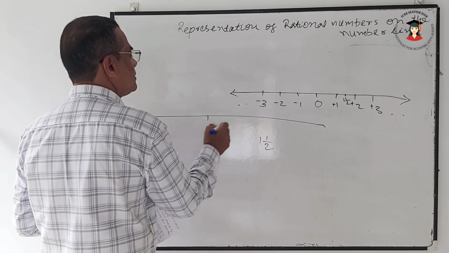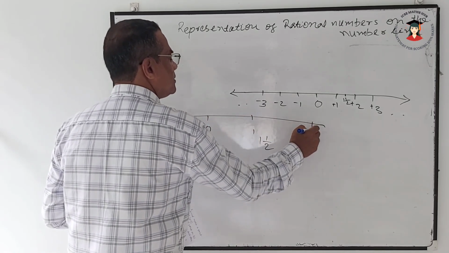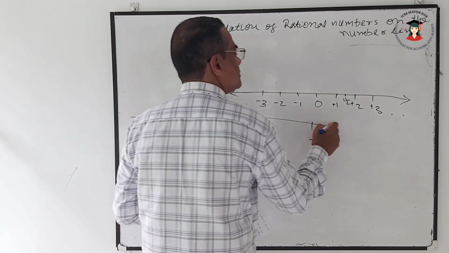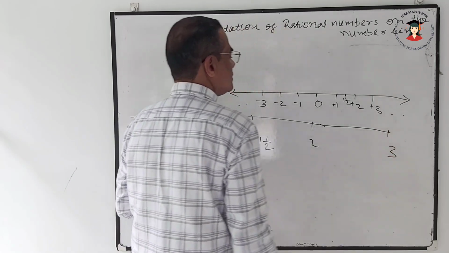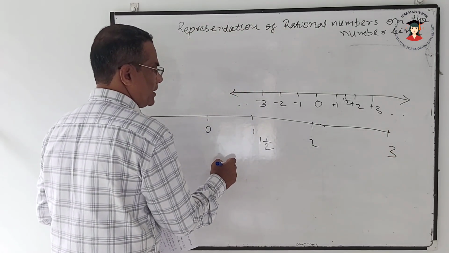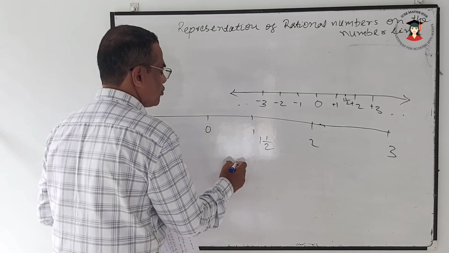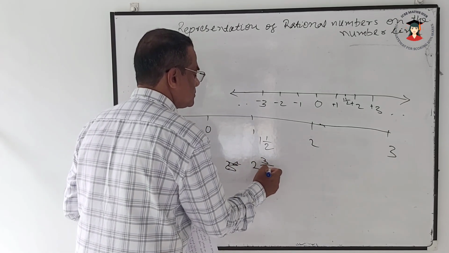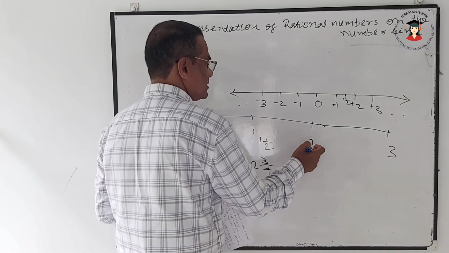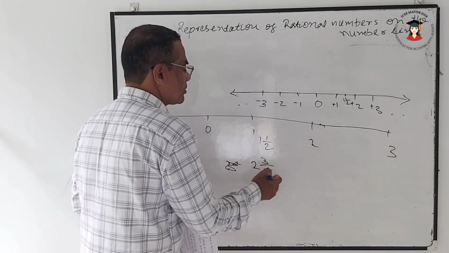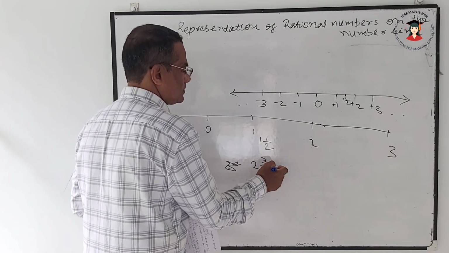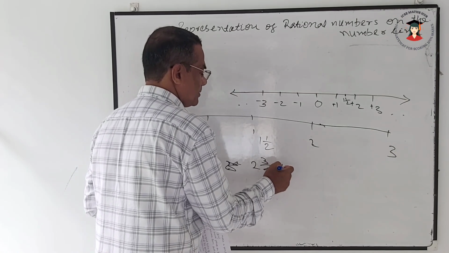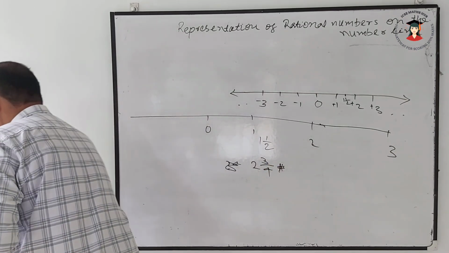What will be 2 and 3/4? 2 is here. It is not 3, this is less than 3.